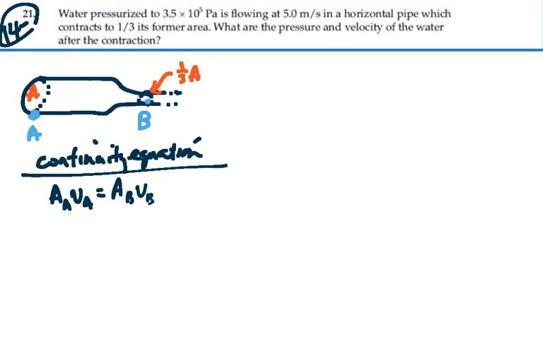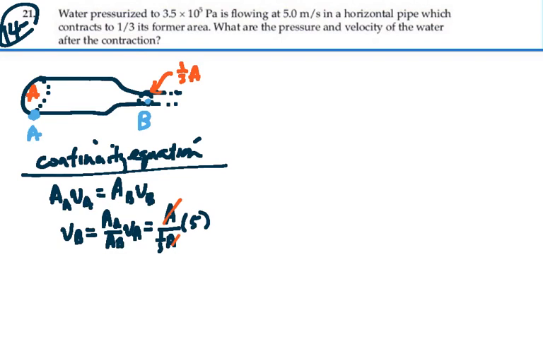So in this case, the velocity at B would be equal to the area at A divided by the area at B times the velocity at A, which is equal to A over 1/3 A times the velocity at A, which is 5 meters per second.